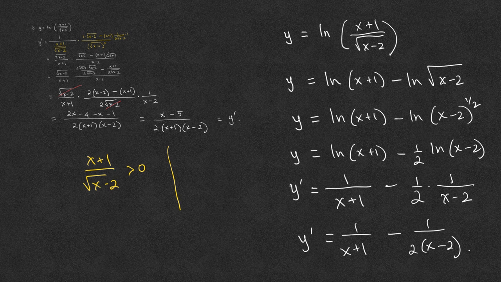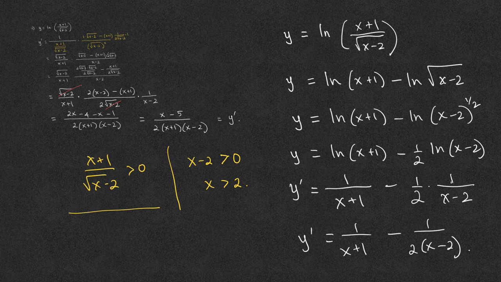Again, keep in mind that we still need to have x minus 2 strictly greater than 0. It cannot be 0 because it is inside the radical. And so x has to be greater than 2 for one. And then we will still need to solve this inequality.